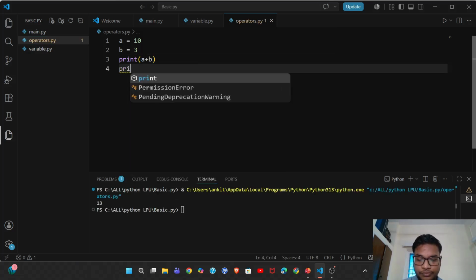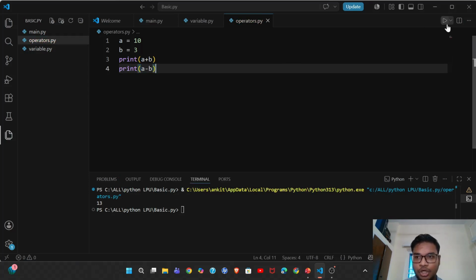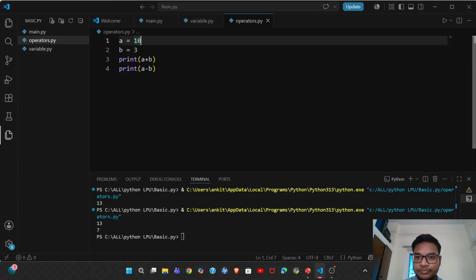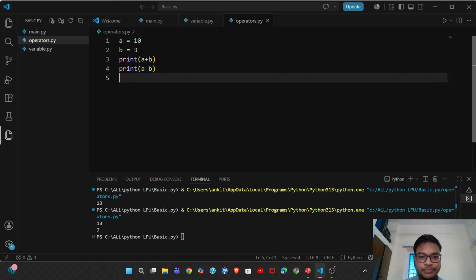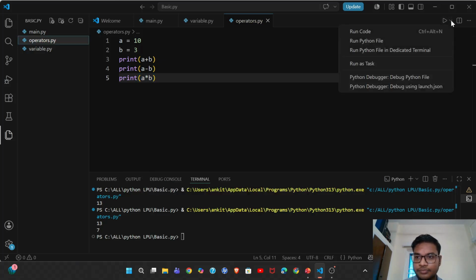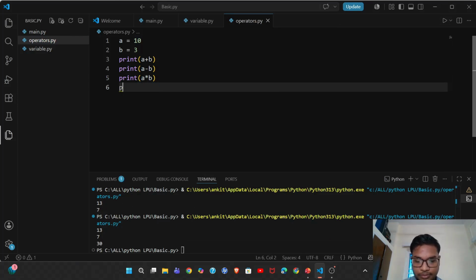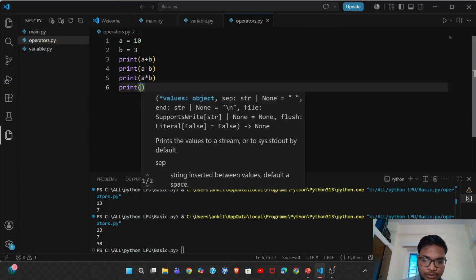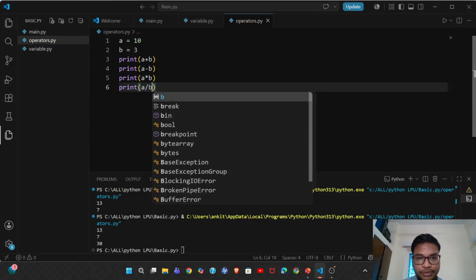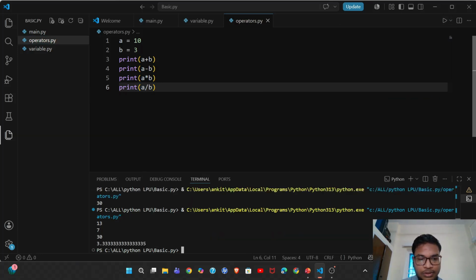Next, print a minus b, output is 7, correct. Then print a into b, output is 30. And next, print a divided by b, output is 3.333. That's all correct.